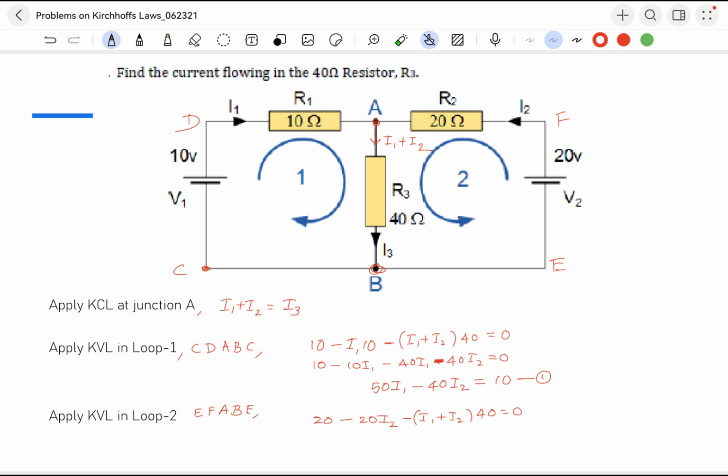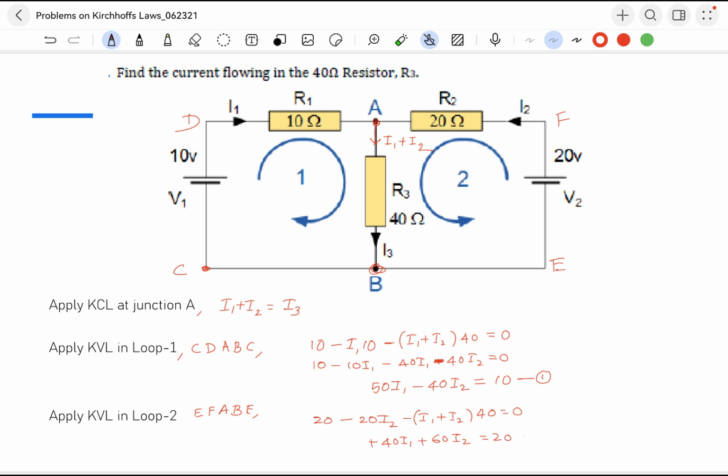Let's rewrite this equation and make it a simple equation. So this time minus 40 I1, then minus 40 minus 20, that is minus 60 I2, and this is 20. I want to write it here because there is no space.